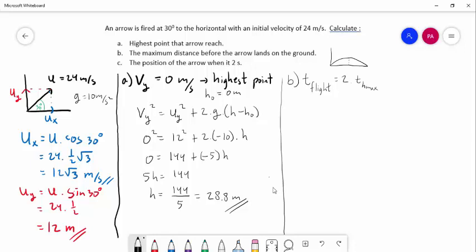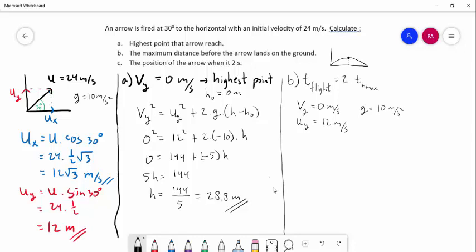So we search for the time to the highest point first, and then we will know the flight time. At the top, the y velocity equals 0, the initial velocity of component y is 12 meters per second, and the gravity is 10 meters per second square.